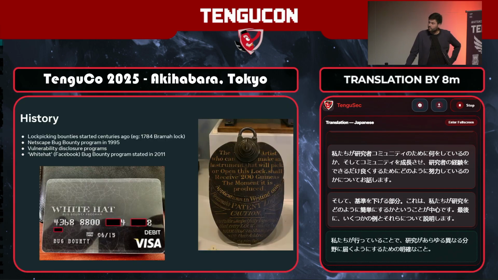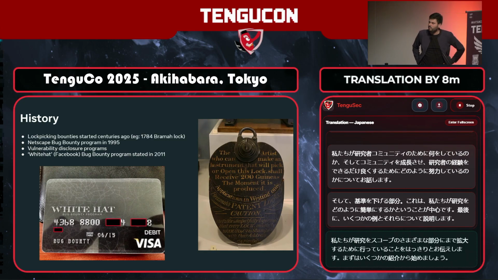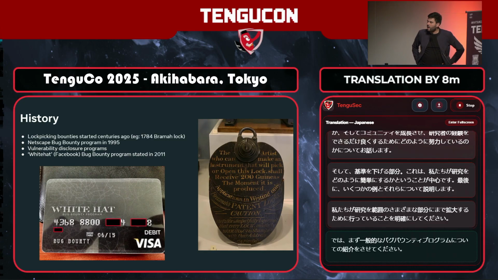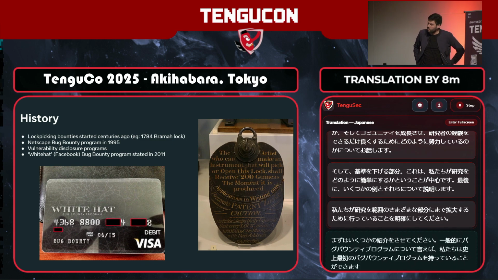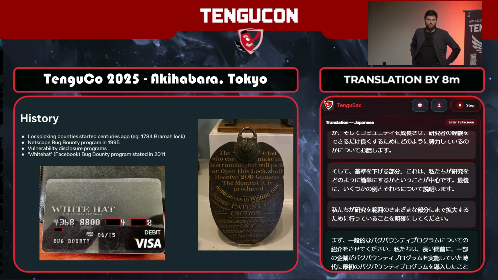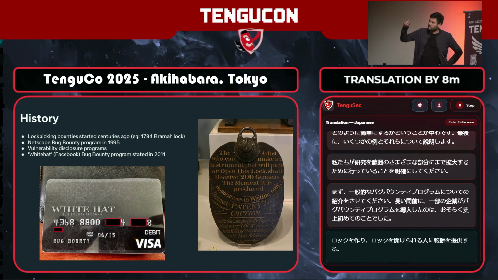So, some introduction first about bug bounty programs in general. We can say the first bug bounty program in history was a long time ago, when some companies were making locks and offering bounties for people who were able to pick them. One famous example is the Brahma lock in the 1700s.